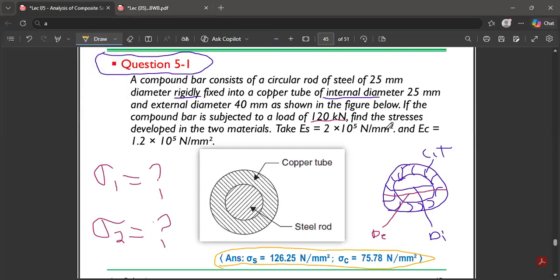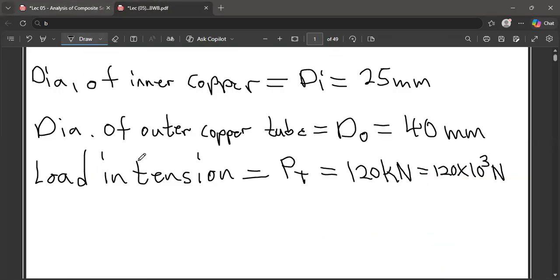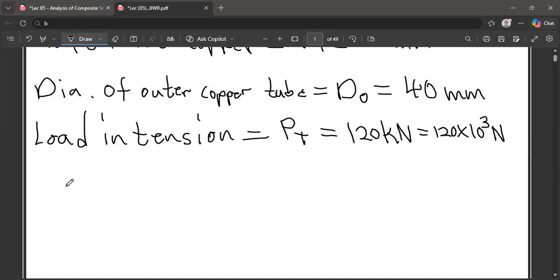So finally, they say we should find the stresses developed in the two materials, taking the elasticity of the steel to be this and the elasticity of copper to be that. So let's quickly put that down.